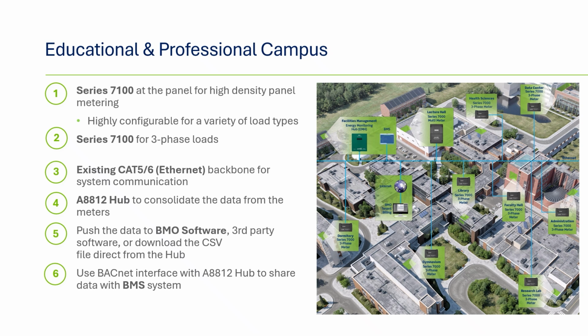Software selection for these applications could include Building Manager Online for energy management, code compliance, and maybe even billing. They may also want to utilize the data for their own analytics software. 6. Integration with an automated system would also be common with larger sites. This can be done using the BACnet communications in the data acquisition hub.